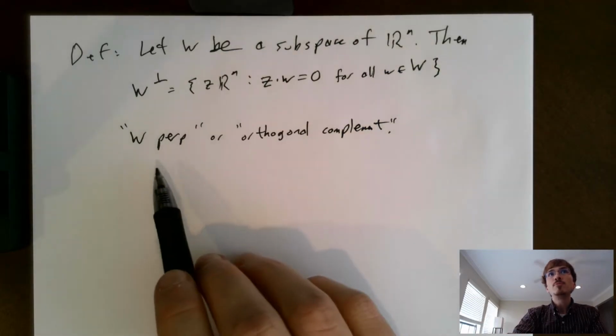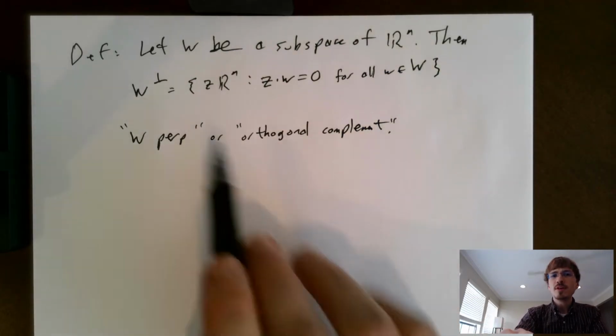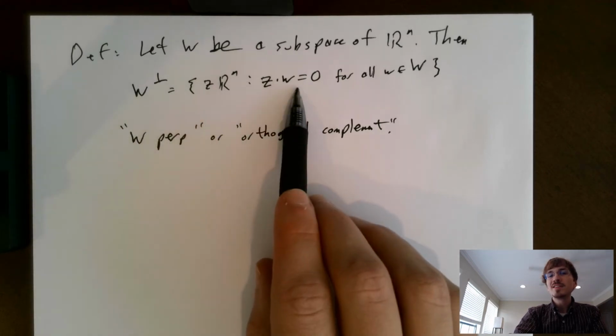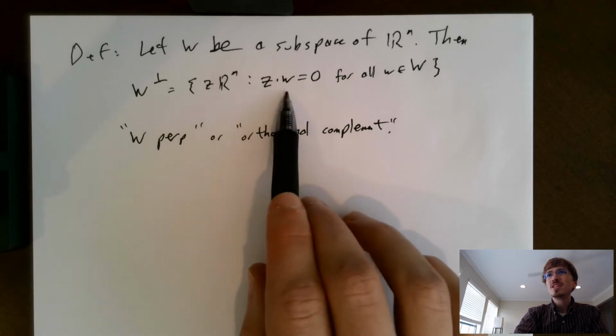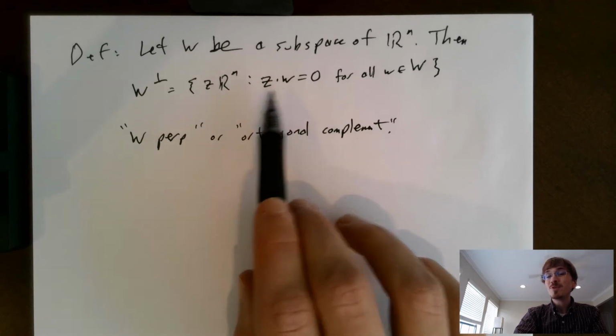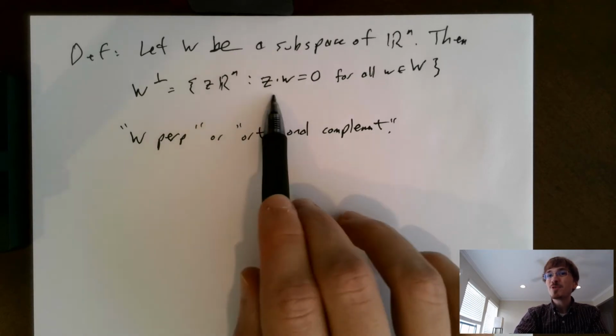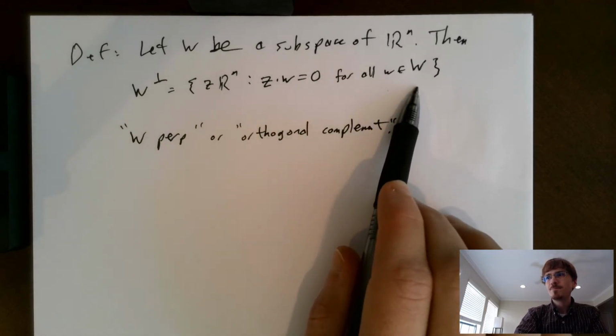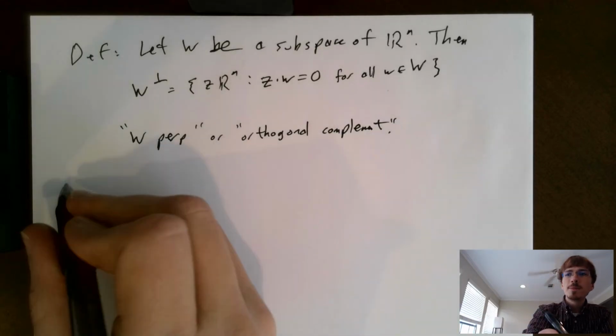So what is W perp, or the orthogonal complement of W? It's the set of all vectors such that z dot w is equal to 0. What does that mean? It means that they're orthogonal, perpendicular. So it's the set of all vectors perpendicular to every vector in W. Okay? So let's do a quick example.